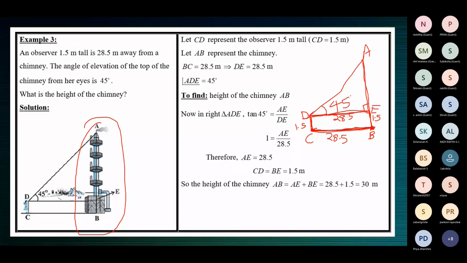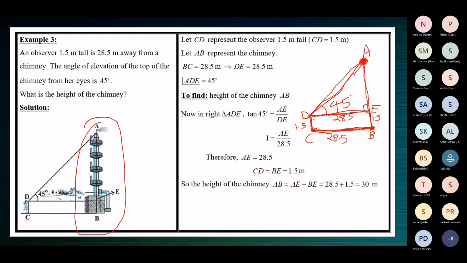And how do you describe DA? What is DA? Line of sight. DA is the line of sight. Why A? Because the observer is looking at the top. This is the top of the tower, top of the chimney. That is the point observed.